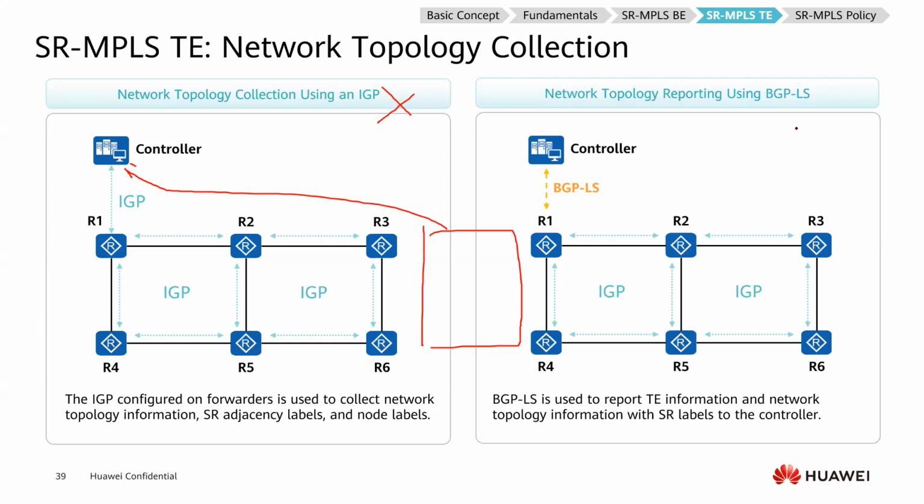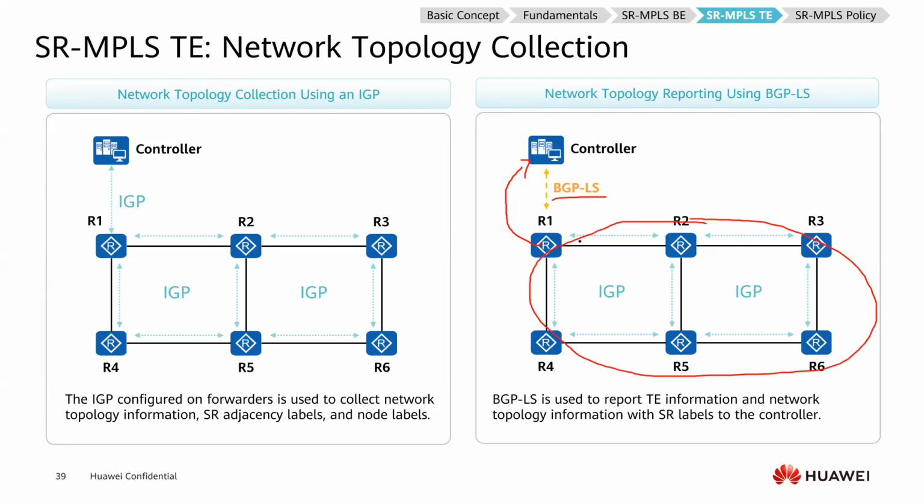Most of the time we will use BGP-LS to upload, to send the topology information up to the controller. The BGP-LS will collect the information from the IGP, because every device has the same LSDB, right?